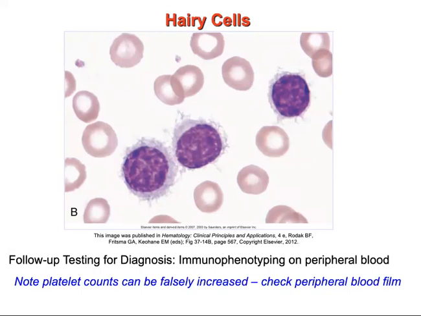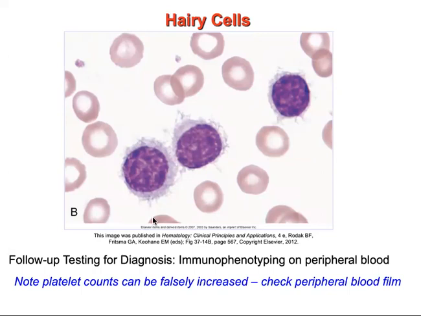Now, you want to follow up with immunophenotyping on peripheral blood. It will probably be hard to do on the bone marrow because of the reticulin fibers. But one of the things that happens is that when you have a patient with hairy cells, you can count them in the instrumentation, right?